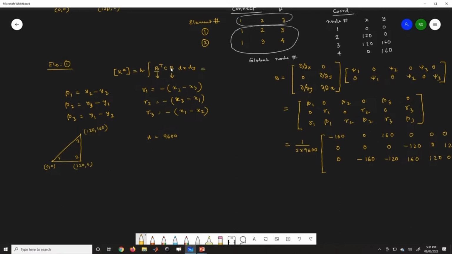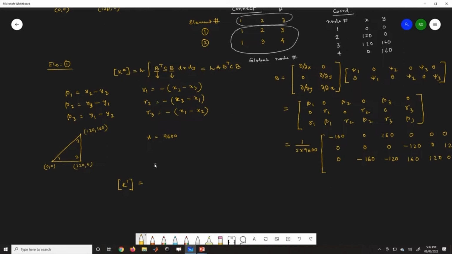This is a constant matrix, this is a constant matrix, and this is also a constant matrix. So finally I can write H A times B transpose C B. Once I know this, I can get my final stiffness matrix, that is K1 for element number 1, by multiplying B transpose, C and B.